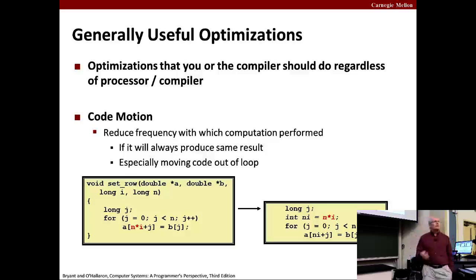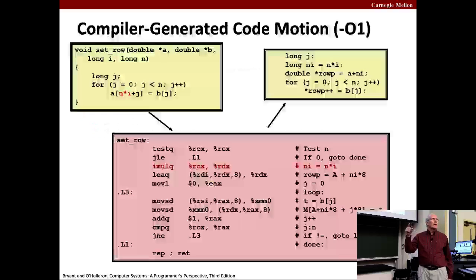And compilers will generally do this when they can detect that it's array access code. It will generally do optimizations like this if you set an optimization level of 1 or higher to GCC.